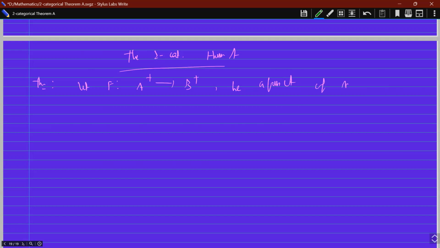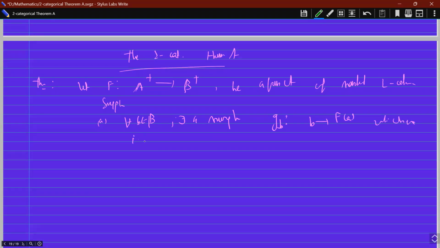Suppose, what is P and what is B? Okay, so fancy A and fancy B. There exists a homomorphism G of B takes B to F of A, which is initial.